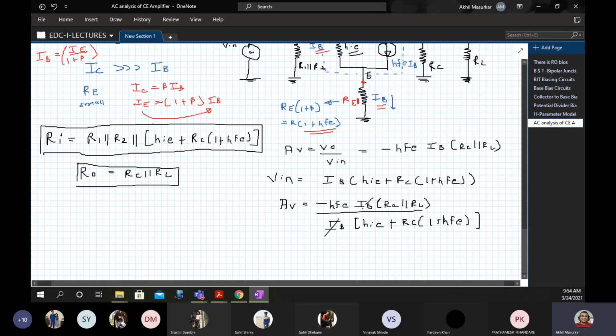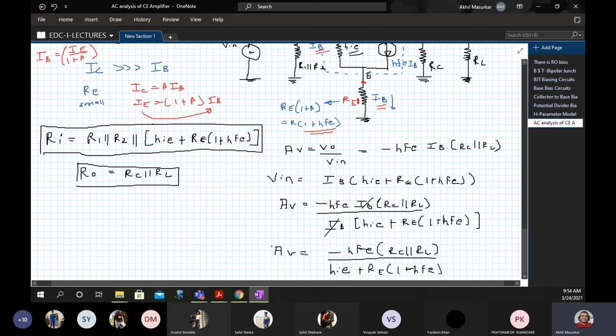So IB cancels out and AV is going to be minus HFE, RC parallel with RL, this entire thing upon HIE plus RE into 1 plus HFE.